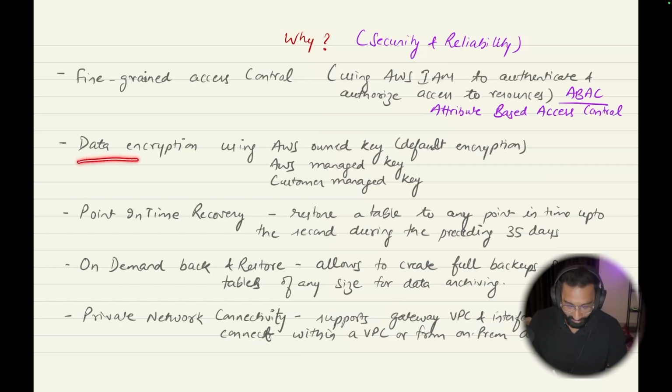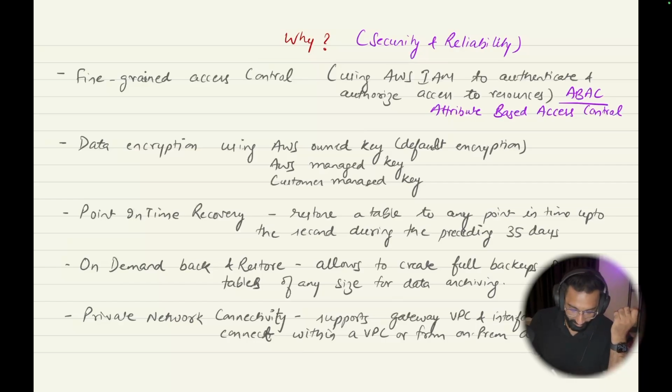You can encrypt the data in your DynamoDB. By default, AWS owned keys are used for your encryption, but if you want, you can use customer managed keys or AWS managed keys. With the AWS managed key, AWS would be managing your keys using the KMS feature.